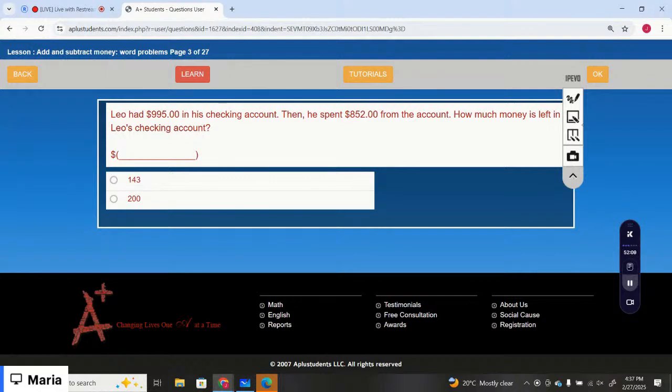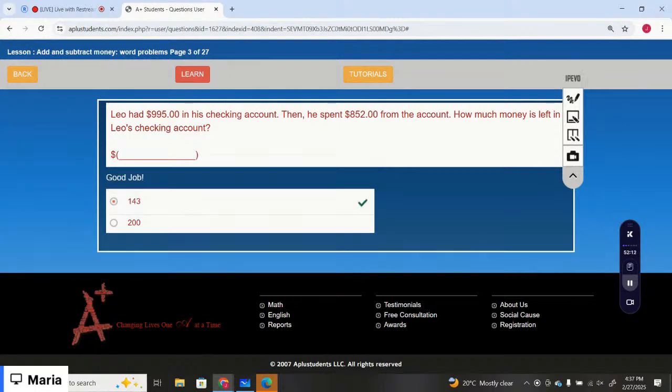That is $143. Option number one is the correct option.